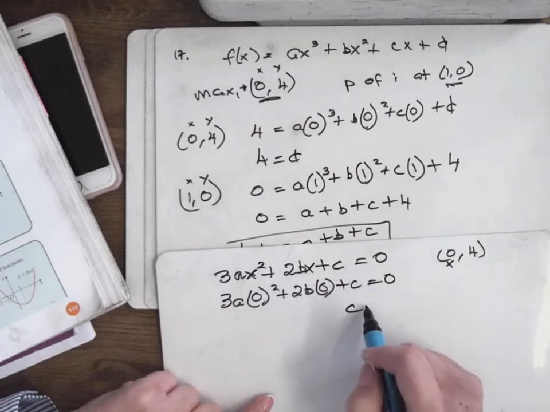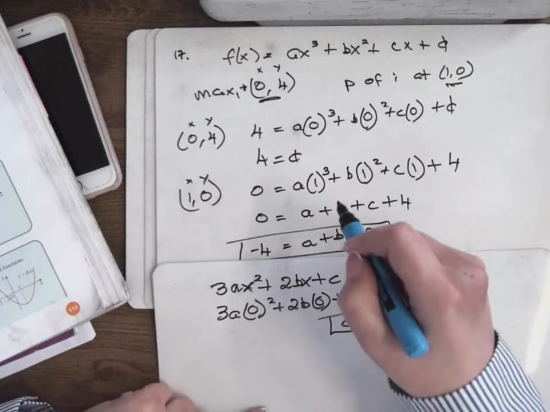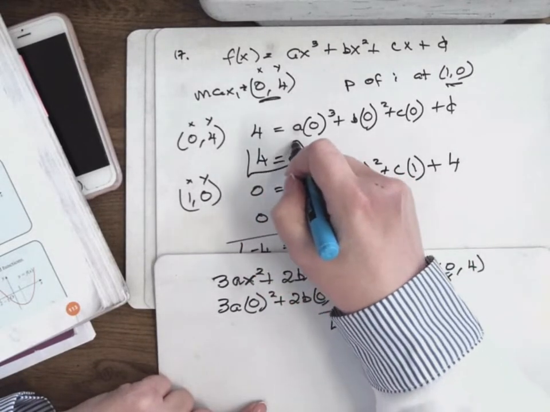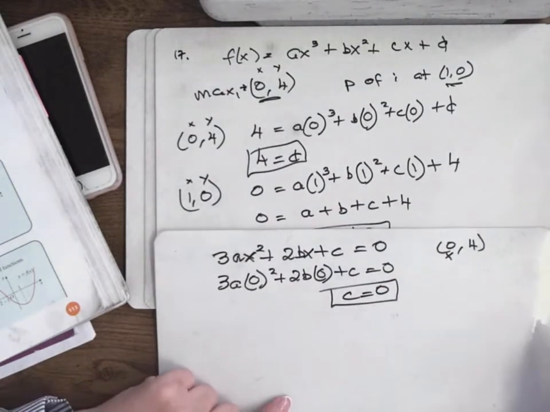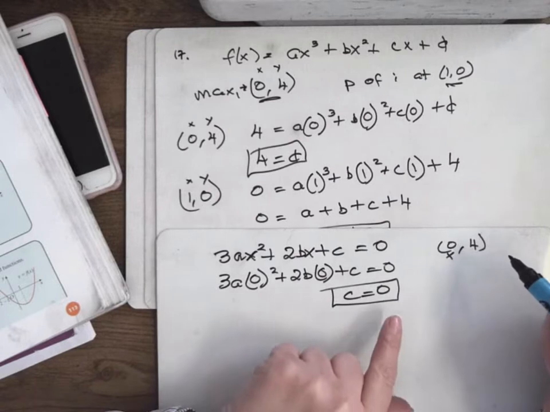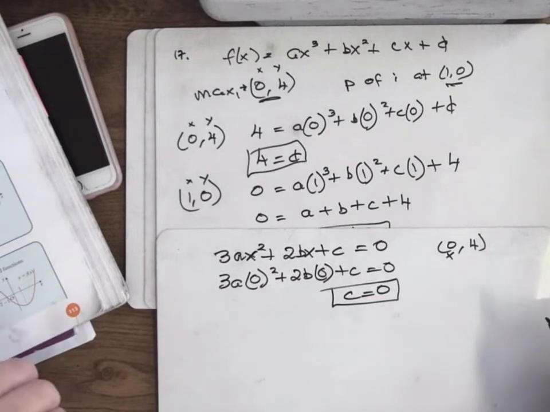Work all that out, c equals 0. There we go. I'm halfway there because I now know what c and d are. That's when you take the answer, the x, and put it back into the original equation, you'll get 4.